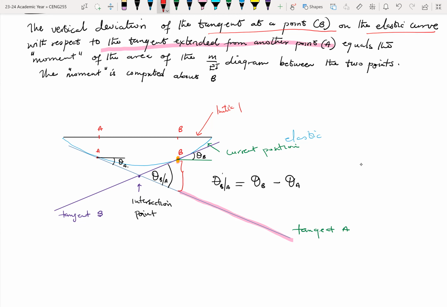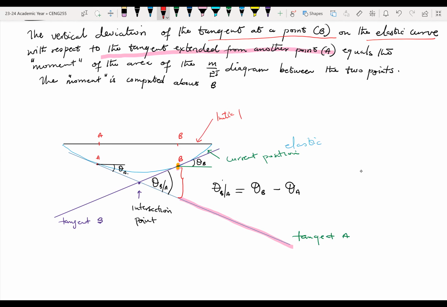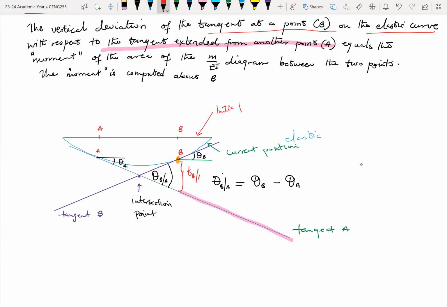So extending the tangent from another point to point B, that is what you call the vertical deviation. The vertical deviation can be written as T, in this case TBA, because we are using the points B and A, or some books will go with delta BA. It's the same idea.